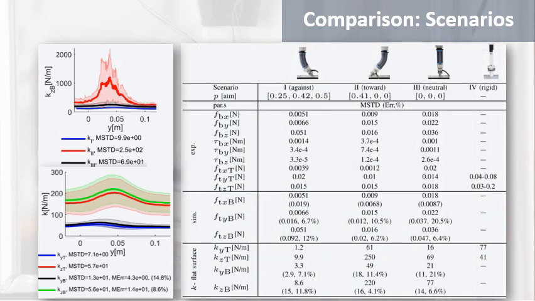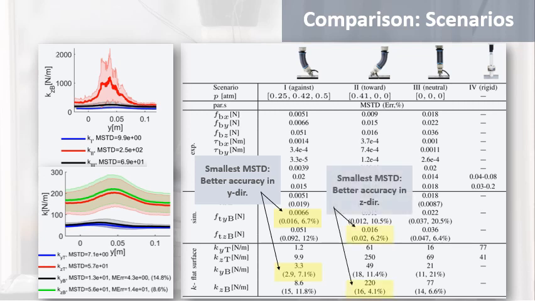Summarizing that in a table, we can observe the smallest mean, standard deviation and error for evaluating the force and stiffness in the horizontal direction when the appendage is bent against the slider motion, and also we see the smallest error and standard deviation in the z direction when the appendage is bent toward the slider motion.